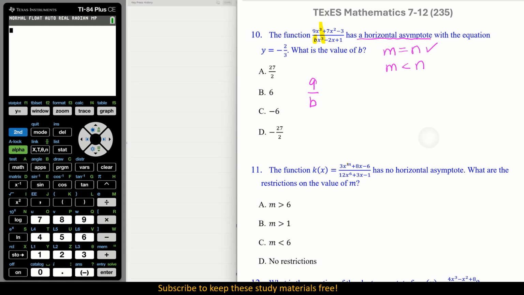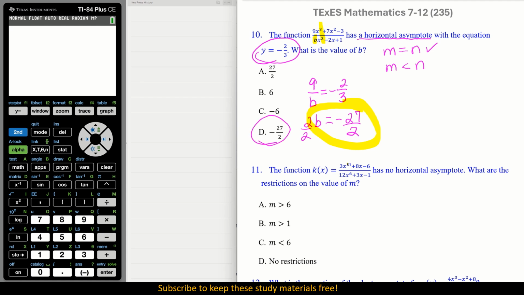It must be equal to this given line of y equals negative 2 over 3. So now all we do is solve this equivalence. So we say 2b equals negative 27, divided by 2 on both sides, and that will give us b equals negative 27 over 2, and that's option D.